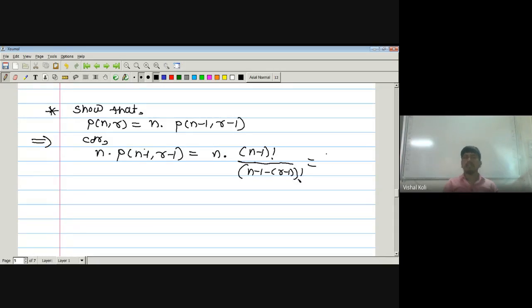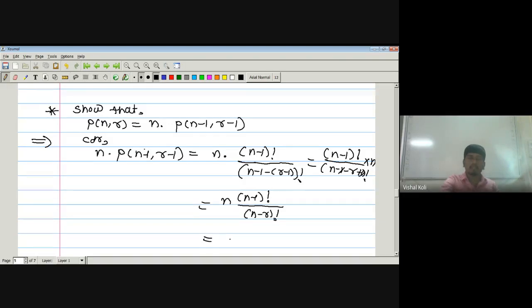That is, this can be written as (n minus 1) factorial divided by (n minus r) factorial into this n as it is, where the plus 1 and minus 1 get cancelled.